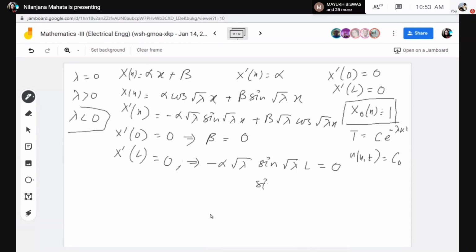So sine root lambda L is equal to sine n pi. So your lambda n is n pi by L whole square.